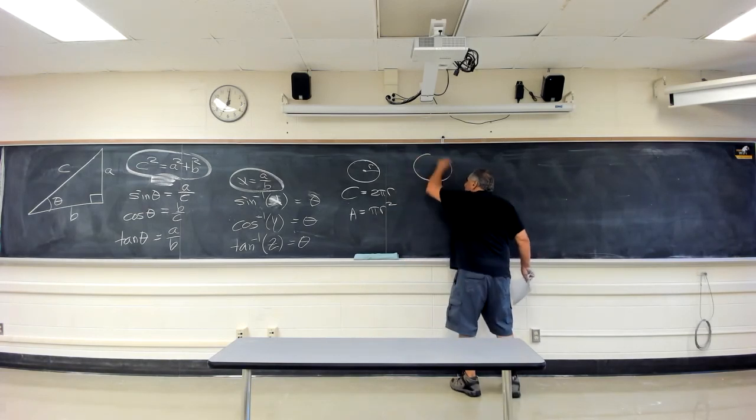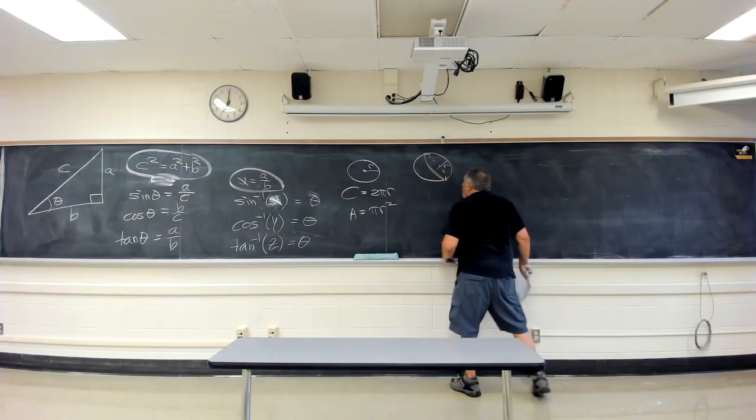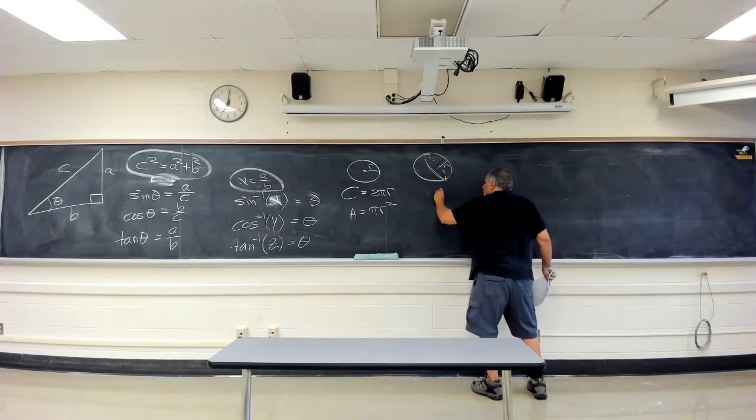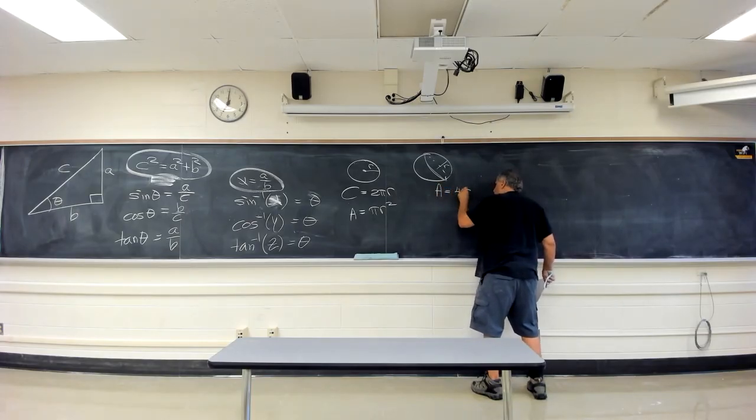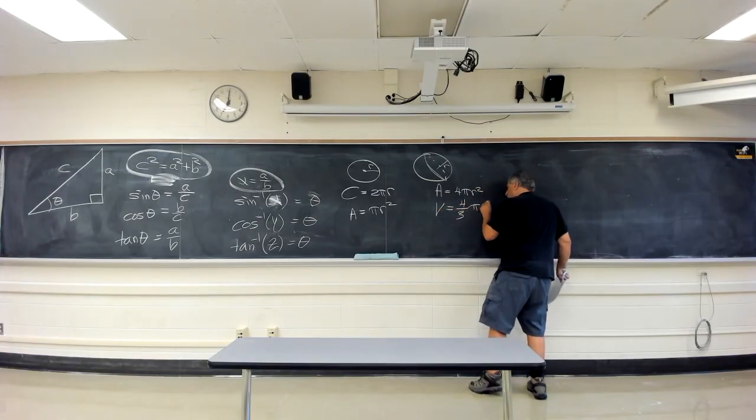If you've got a sphere, I don't know if I drew this any good at all here. If you got a sphere, radius r, the surface area of the sphere is 4 pi r squared. The volume is 4/3 pi r cubed.